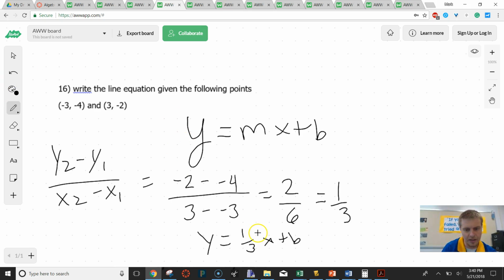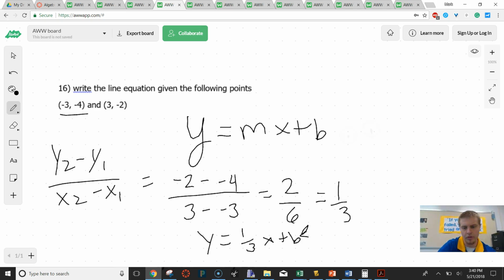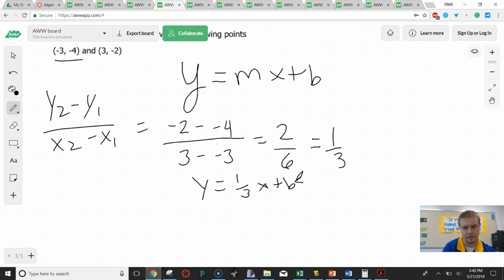Well, to find what that b value is, I would need to plug in these points. You could do that by looking at all 4 choices and plugging them in. I'm going to plug them into my equation that I don't have something for yet. So I could pick either one of those. I'm just going to pick that first one because it's easier. So I'm going to say negative 4 is equal to 1/3 times negative 3 plus b.